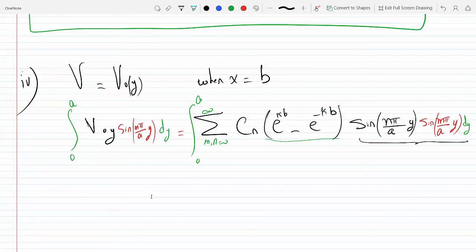So when you integrate, except the places where they are the same, they will all cancel out. What's the value of this when you integrate, if you remember?